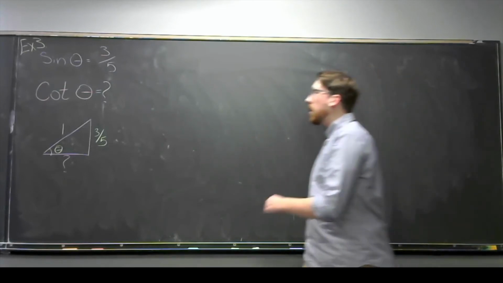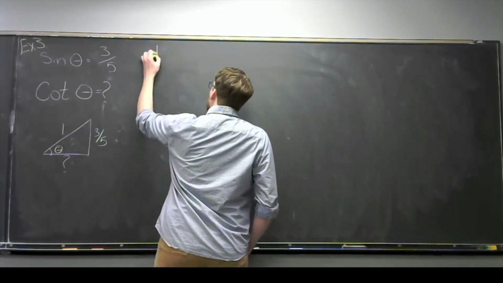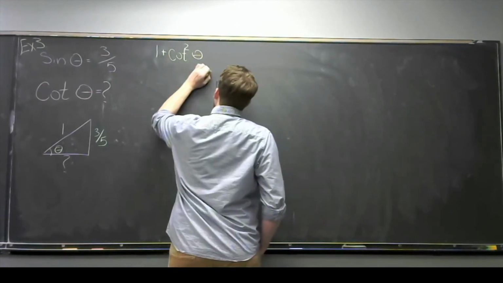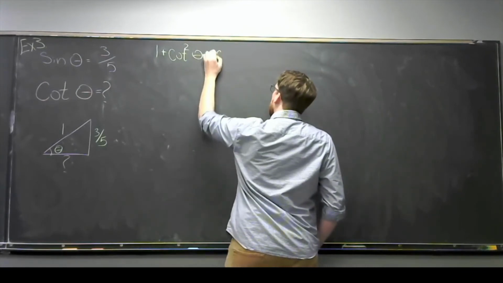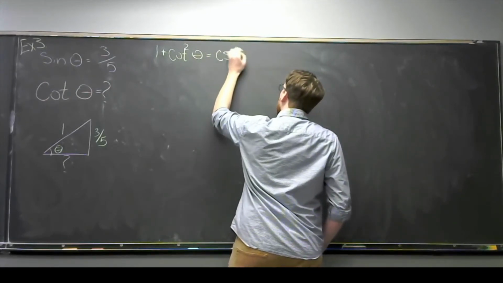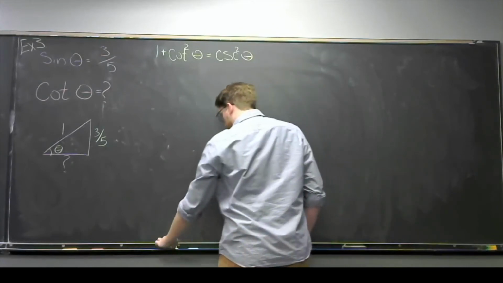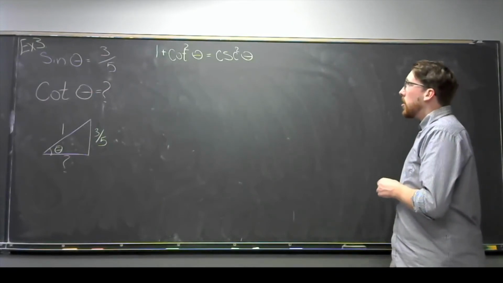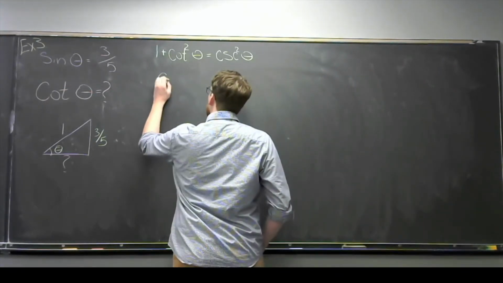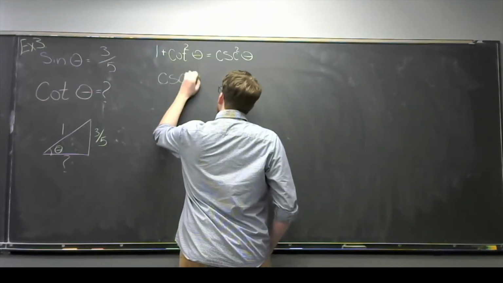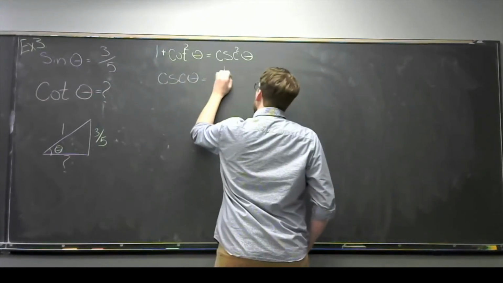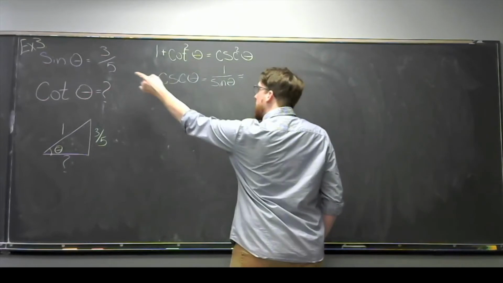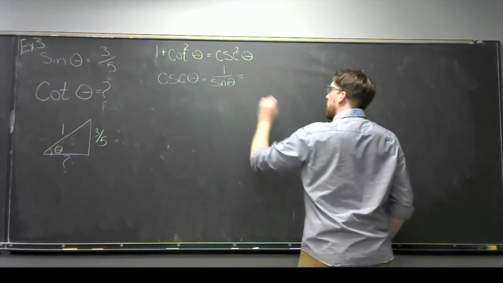Well, we can start by saying, all right, I know that 1 plus cotangent squared of theta is equal to cosecant squared of theta. And I know that cosecant of theta is equal to 1 over sine of theta. And I know sine of theta is 3 over 5.